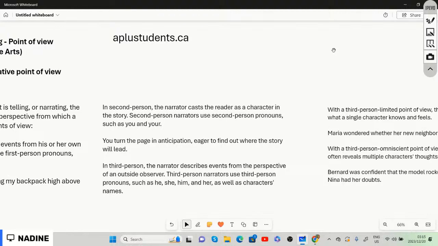So when it comes to second person, for example, if we look at an example, it says, you turn the page in anticipation, eager to find out where the story will lead.